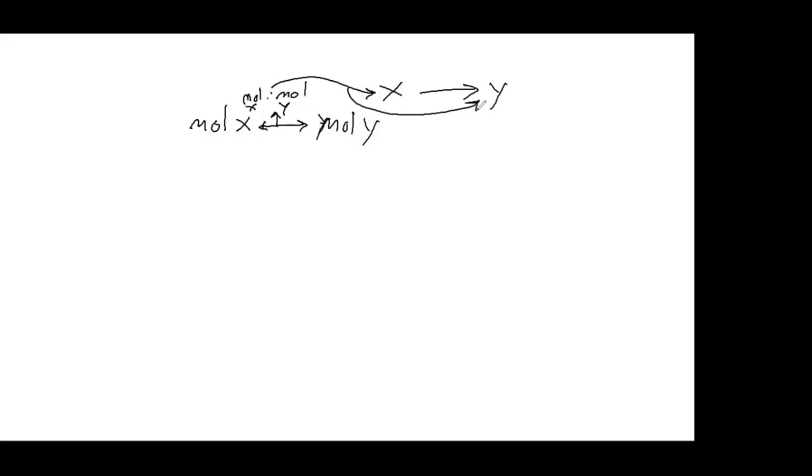Now, sometimes they give you mass of X. What are you going to do in this situation? First of all, you need to convert the mass of X to mole of X. How do you convert the mass of X to mole of X? Using the molar mass of X. Remember, mole means two things.